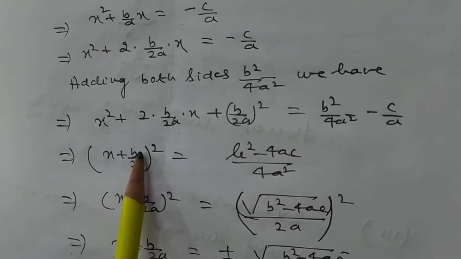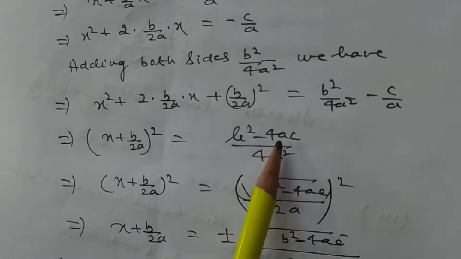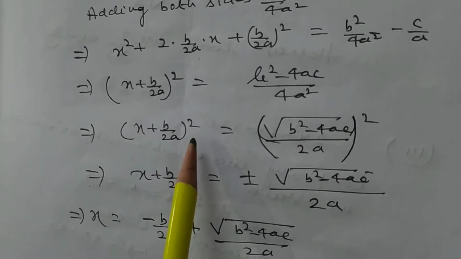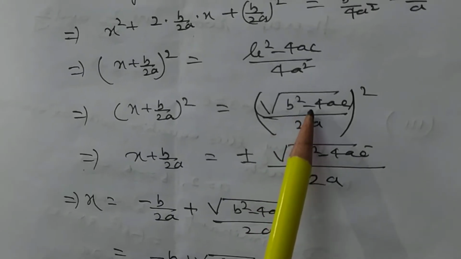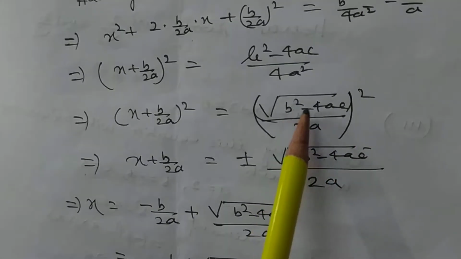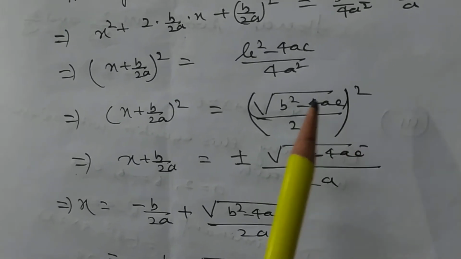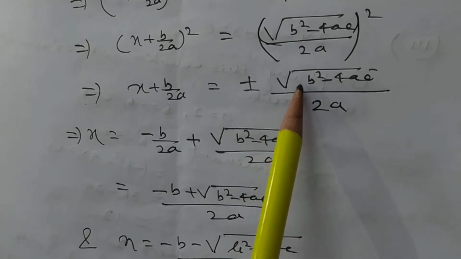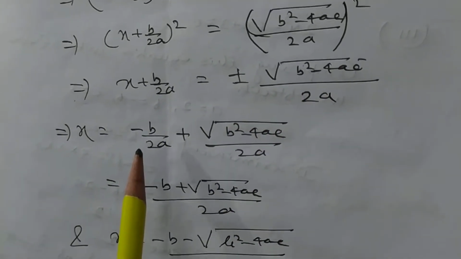So it will be x plus b by 2a whole square equals b square minus 4ac by 4a square. And it will be x plus b by 2a whole square equals square root of b square minus 4ac by 2a whole square. And it will be x plus b by 2a is equal to plus minus root over b square minus 4ac by 2a.